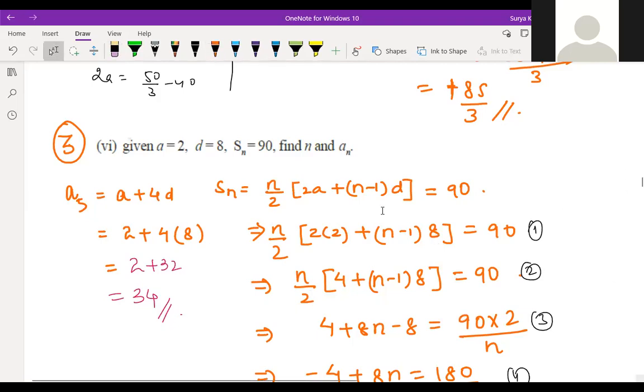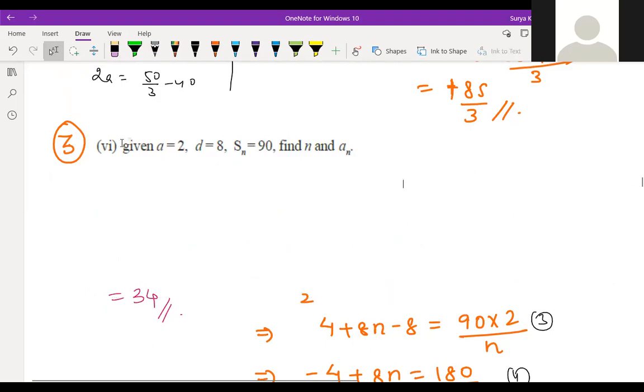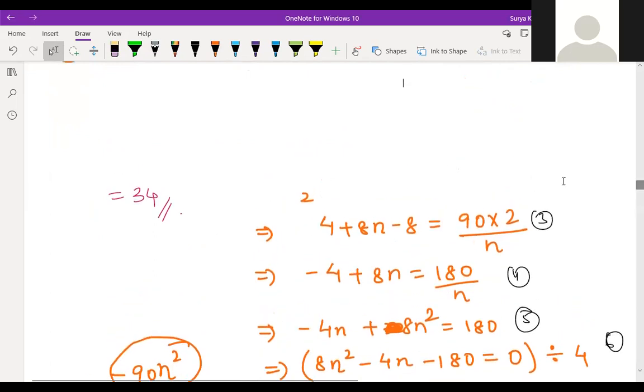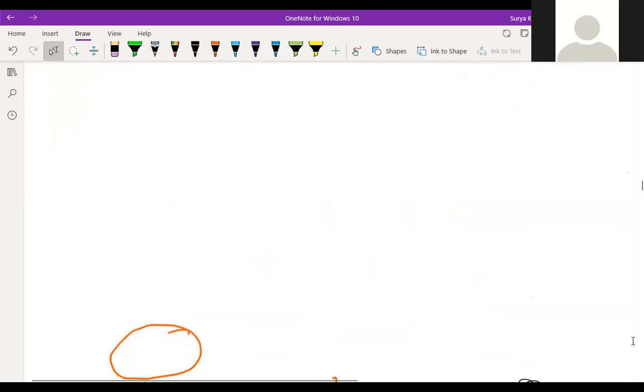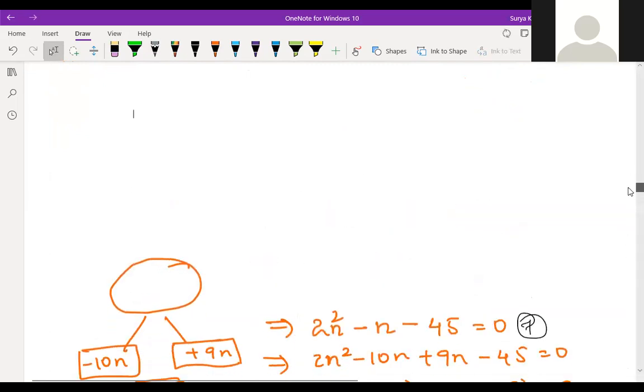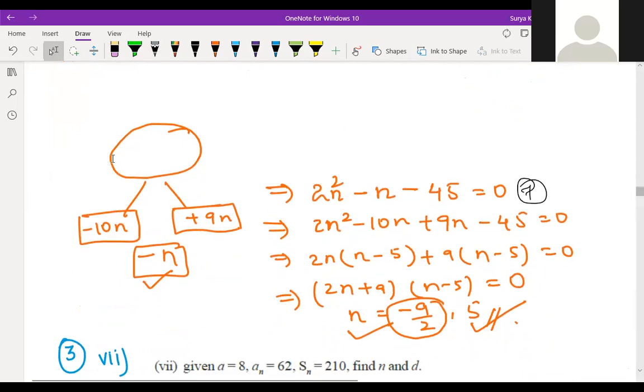Who will tell the answer for this? This is a kind of bigger question. Okay, this is a bit easy only, but it will take time. So many things are there in this question.